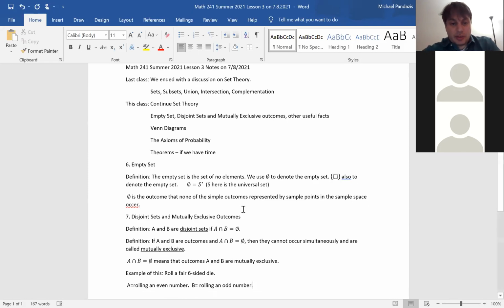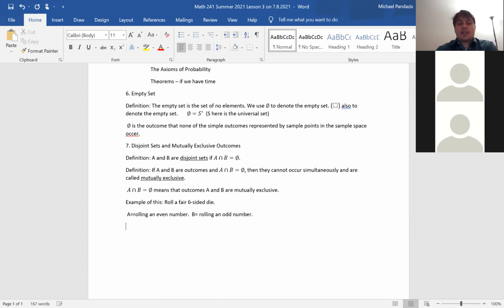These two events cannot occur simultaneously. They can't happen at the same time. You can't roll a die and roll both an even and an odd number. So A and B here are mutually exclusive outcomes. Make sense? The two outcomes cannot happen at the same time, and as sets, they're disjoint.